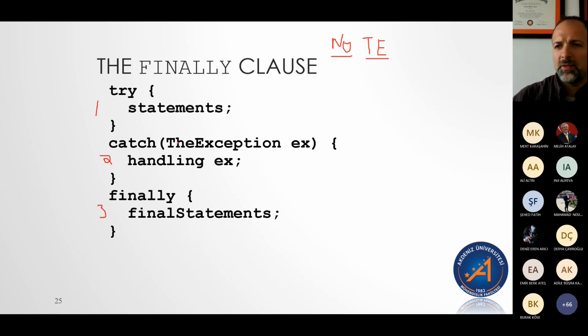If this is the exception class here, it catches all exceptions, regardless of the type, right? So if this is the type or a parent type of the exception that's thrown, then we'll do this.